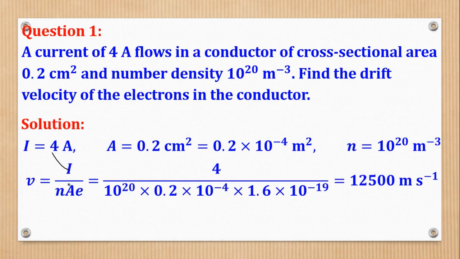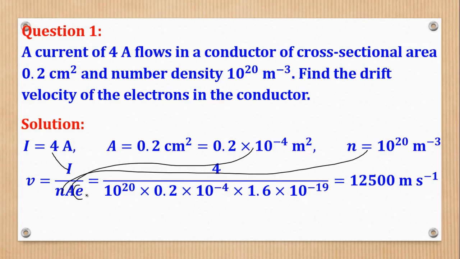So I is here, n was given, A is given. Now this e is a constant and it is given in your examinations under the table of constants. It is equal to 1.6 times 10 to the power negative 19. Always at the first page of your examination paper, there will be a list of constants which can be used in physics.